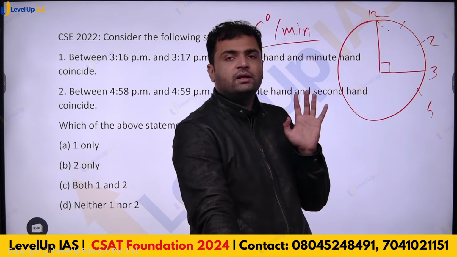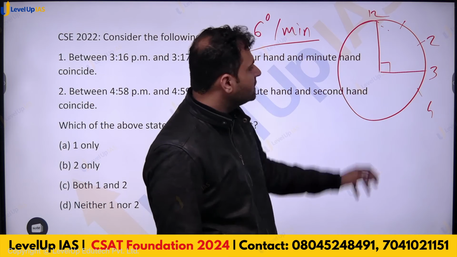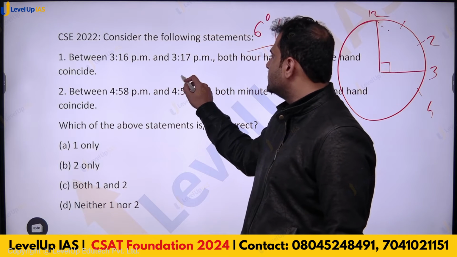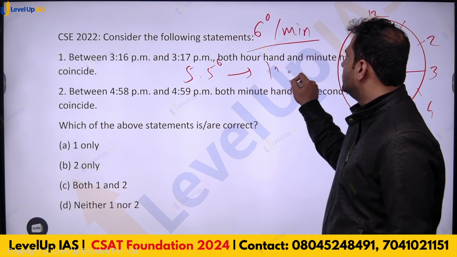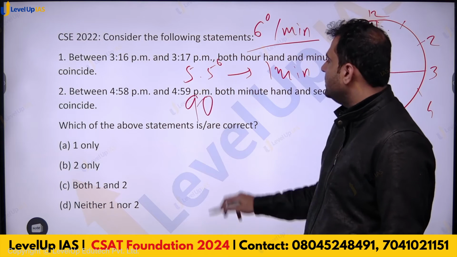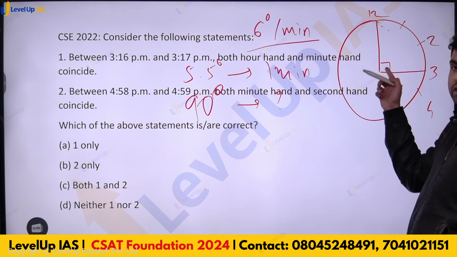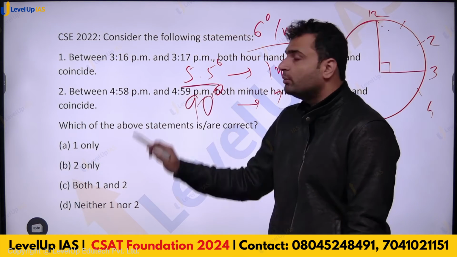So at the rate of 5.5 degrees per minute, the distance between them is decreasing. So we have the initial distance. 5.5 degrees will get reduced in 1 minute, right? For how much time would it require to reduce the 90-degree distance, which was the initial distance? It will go to 0 when they coincide, and the reduction is at the rate of 5.5.